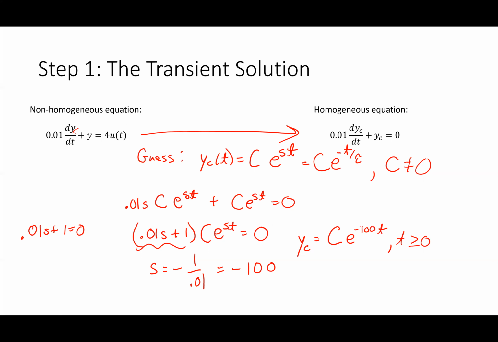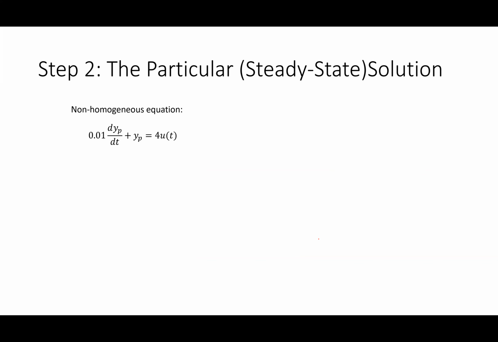Now it's time for the particular solution. For the particular solution, I always guess something that looks like the input, because the particular solution is what I call the driven solution. So that's the one I need to worry about.